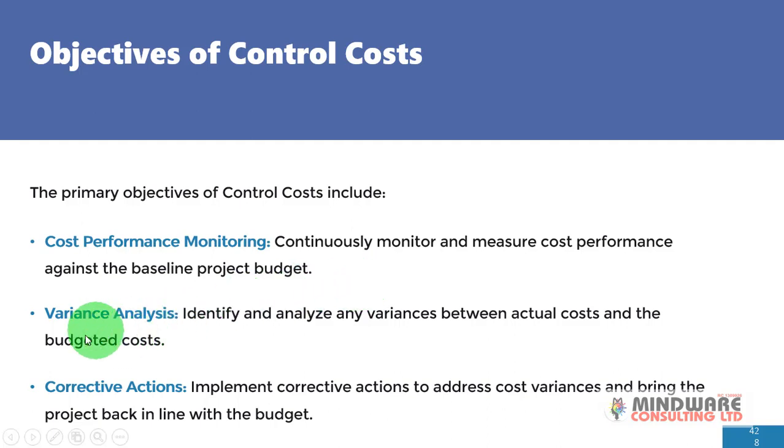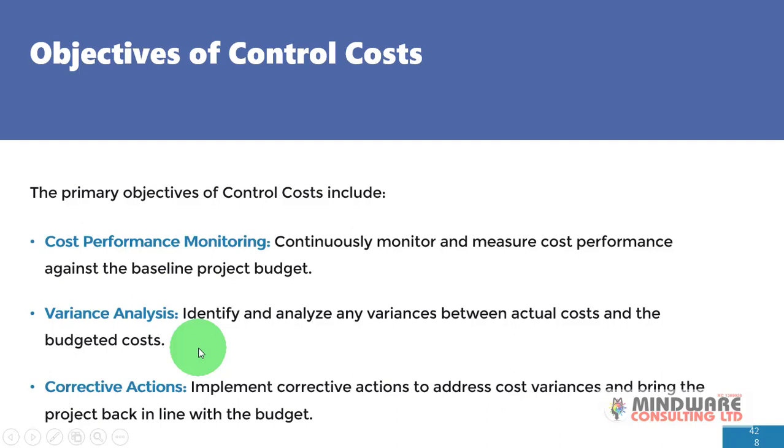Then while that is going on, you're carrying out your variance analysis, identifying and analyzing the variances and the size of those variances, the frequency of those variances, the magnitude of those variances between the actual costs and the costs that have been budgeted already.